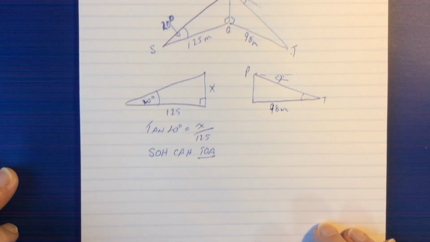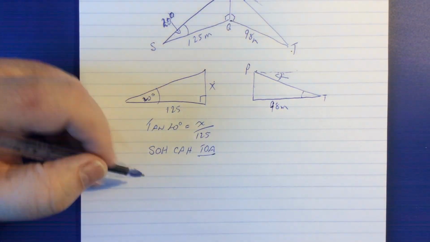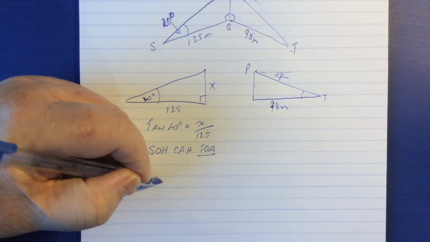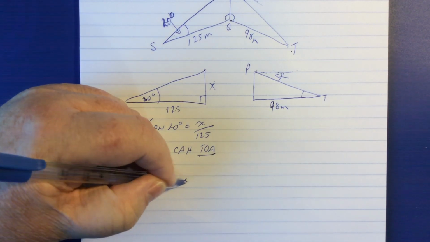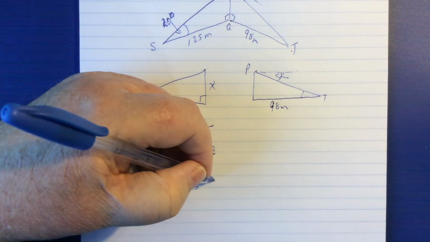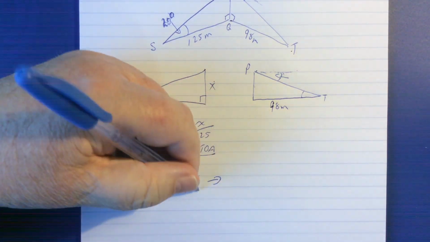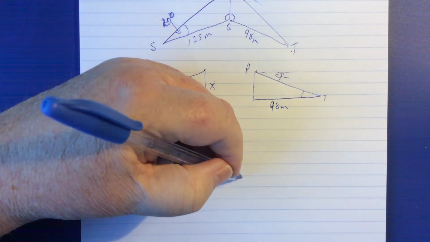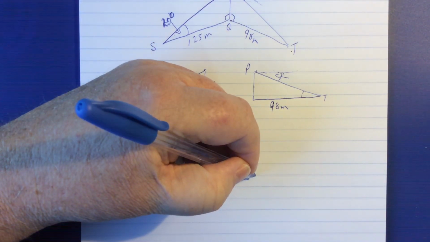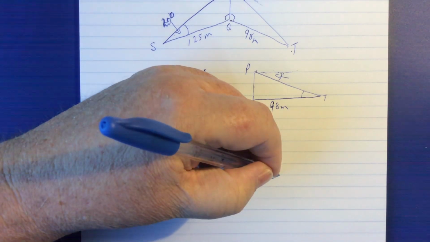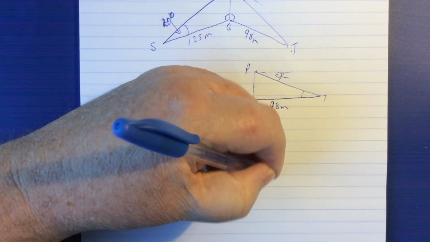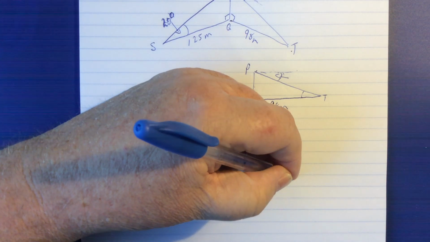Okay, let's get ourselves some room to work. So, the tangent of 20 degrees is equal to x over 125. Now, if we rearrange this, x is going to equal 125 times, that's a times sign, tan of 20.